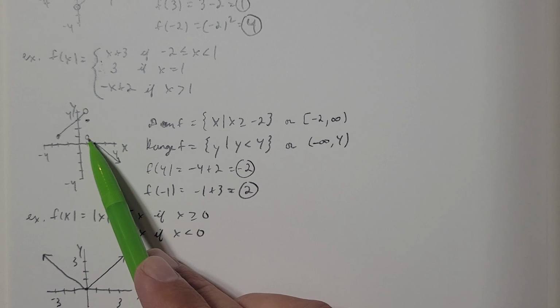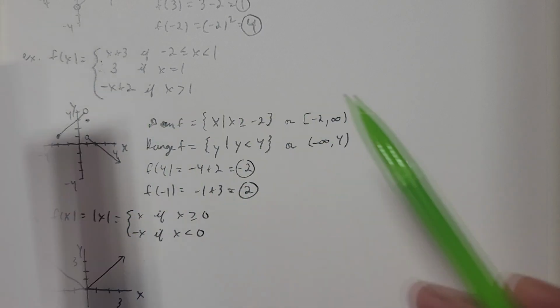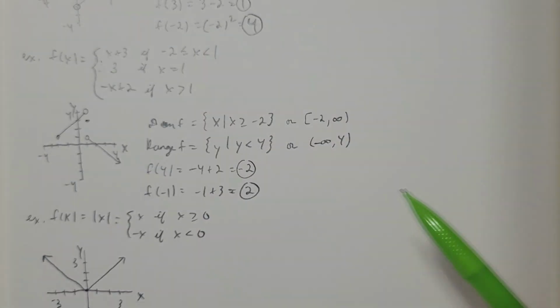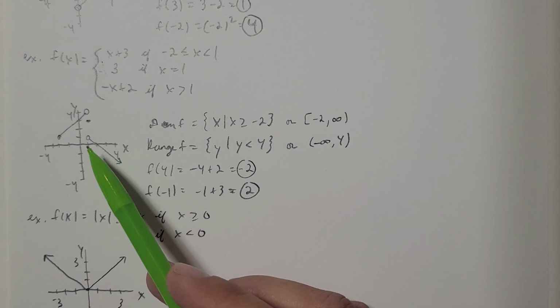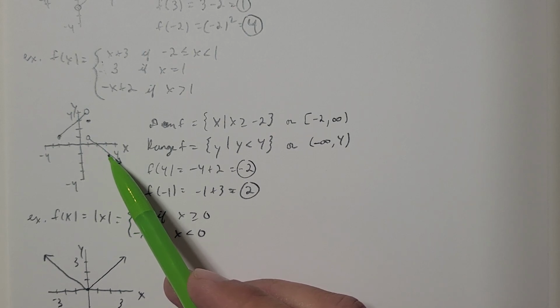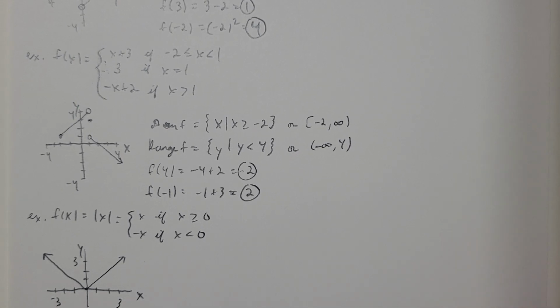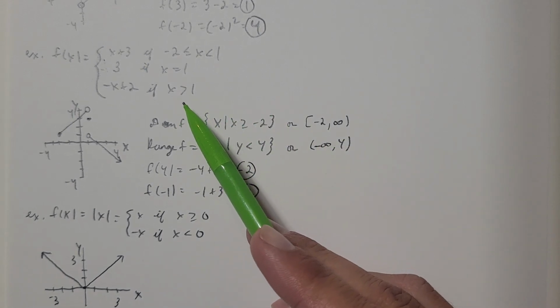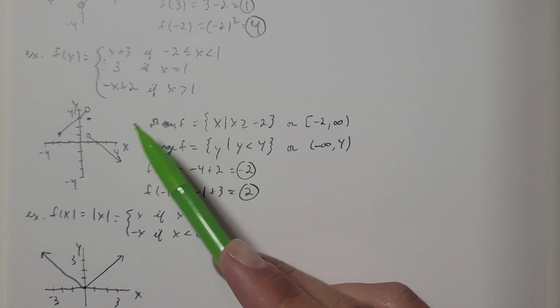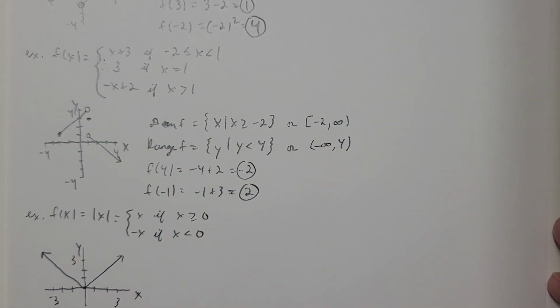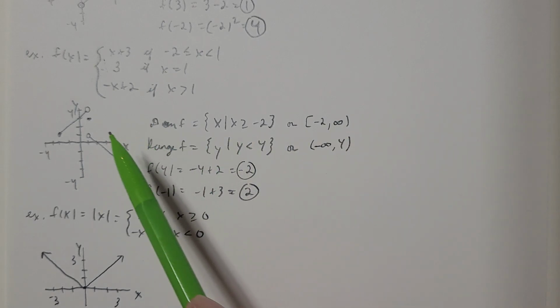And then I would draw the line heading downward and outward into quadrant 4. So I'm going down 1 to the right 1, down 1 to the right 1, down 1 to the right 1. And we're not including 1. So the point (1, 1), that's not on the graph. And I'm all done with this curve.